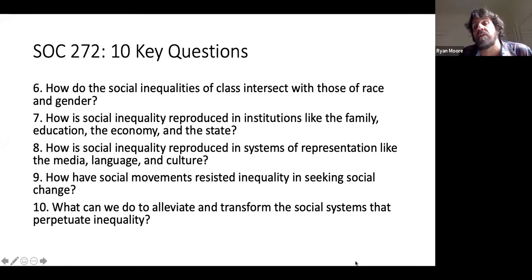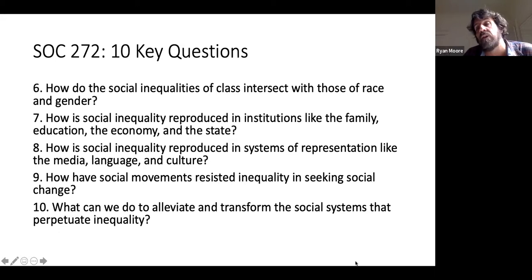The seventh and eighth questions, you should notice, have in common the word reproduce. So how is social inequality reproduced in institutions like the family, education, the economy, and the state? And then how is social inequality reproduced in systems of representation, like the media, language, and culture?